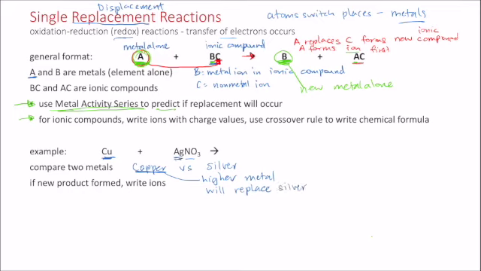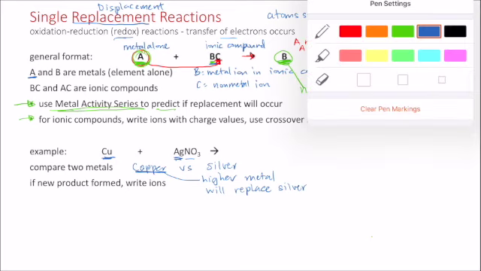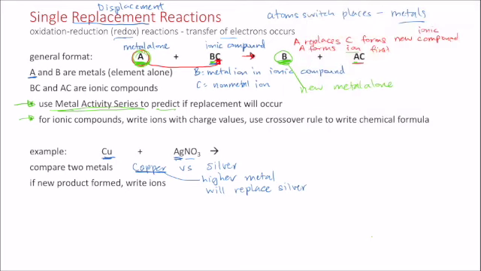Okay, so what that means is it'll come in and it will form an ion and take over this position that silver had by bonding to this nitrate. So you have to first write the ions. So let's first write the ions.